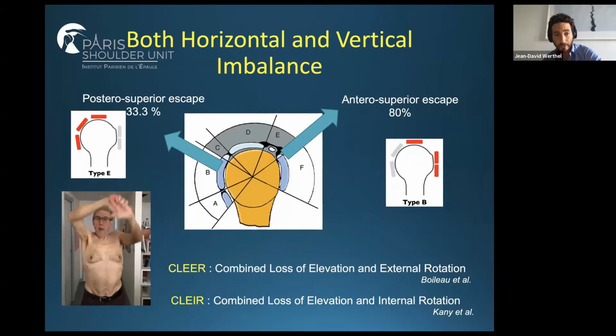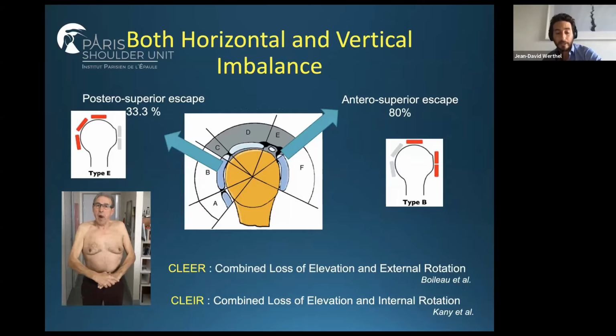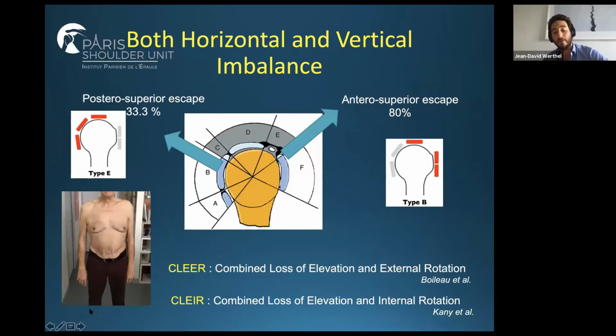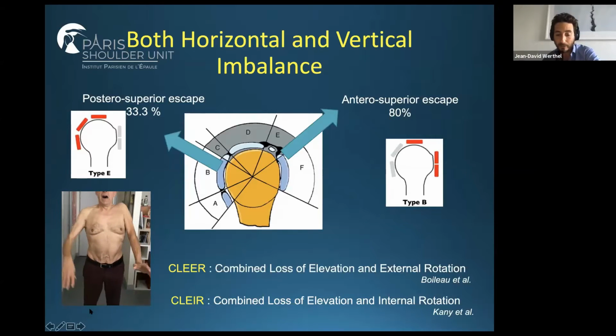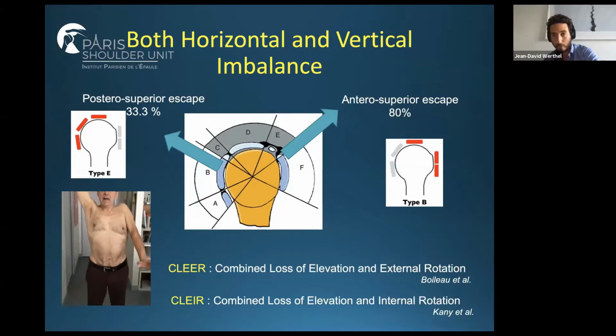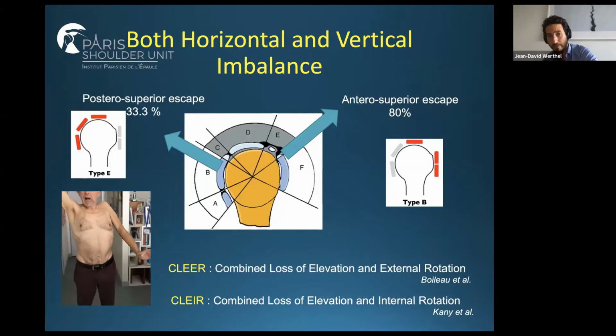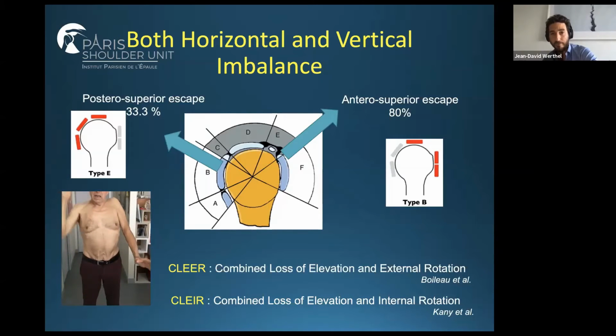You can see that the joint is perfectly supple. He has full passive range of motion, but he has no more active elevation, and he has no more active external rotation. He cannot put the hand to the mouth anymore, and he cannot do external rotation. This is what we call the combined loss of elevation and external rotation.